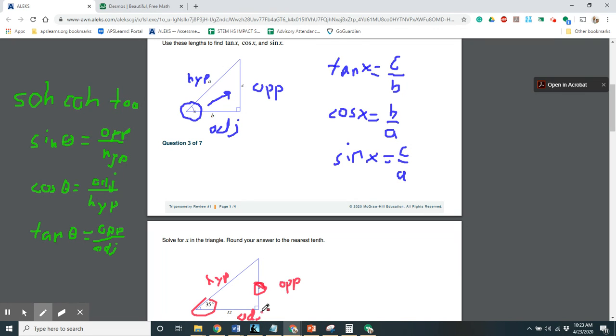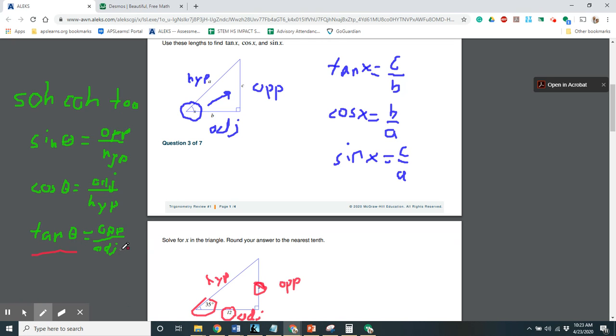Then you have to ask yourself which ratio uses the side you know. We know 12, the adjacent side, and we're looking for the opposite side. So which ratio uses opposite and adjacent? Well, that would be tangent uses opposite and adjacent.